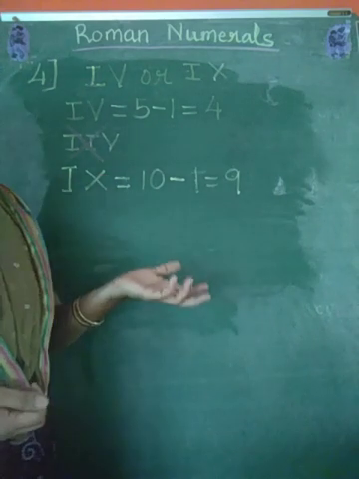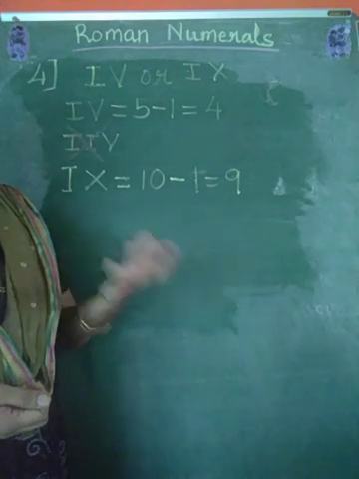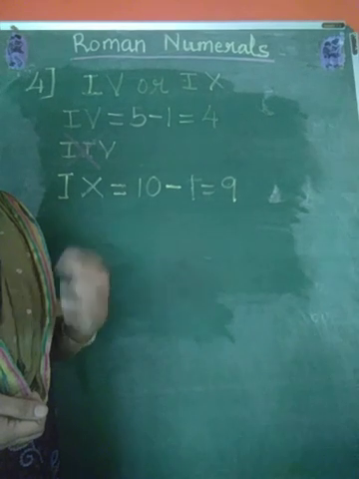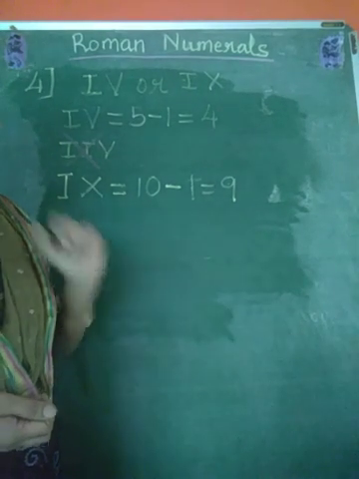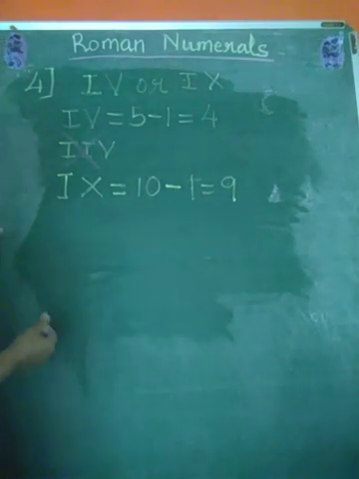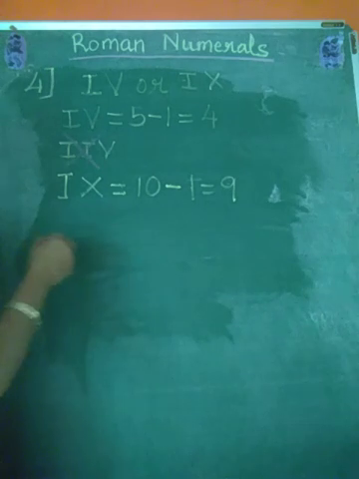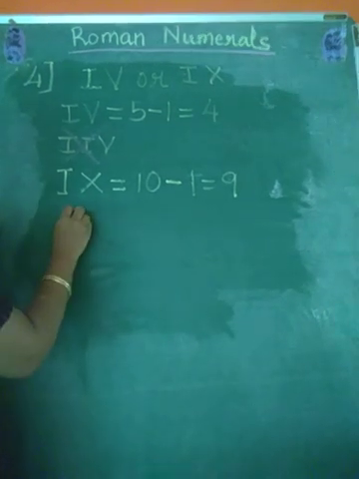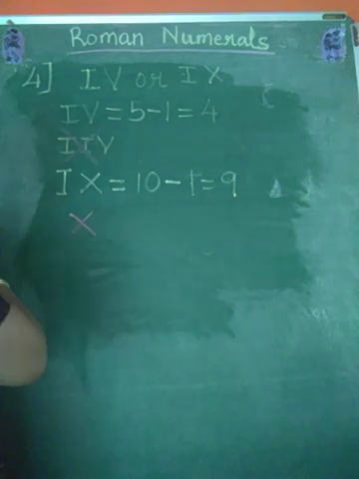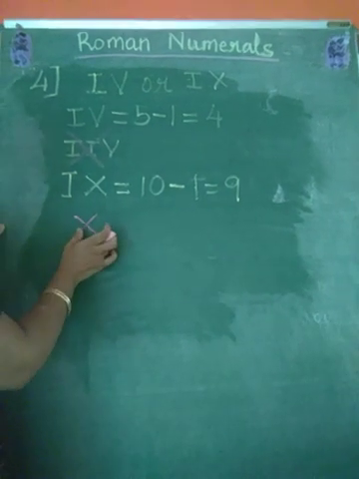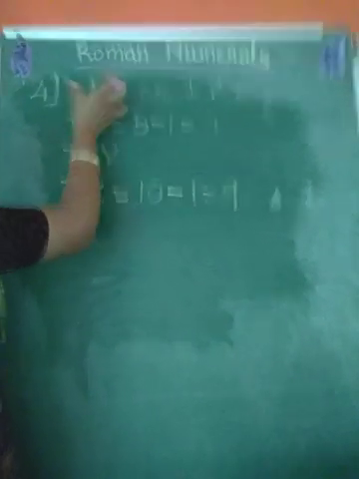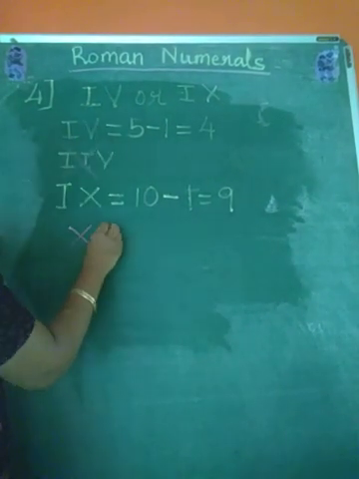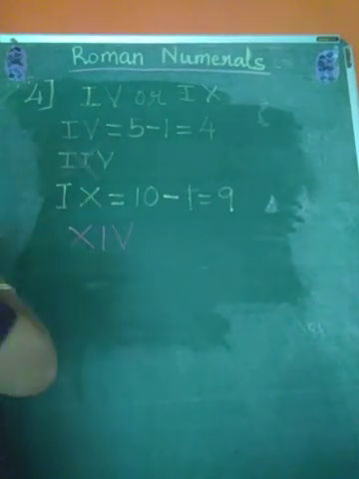So now you have learnt the numbers like 1, 2, 3, 4, 5, 6, 7, 8, 9, 10, 11, 12, 13, 14. Now let us try to write 14. 14 will be written as XIV. And now we know the symbol for 4 is IV.